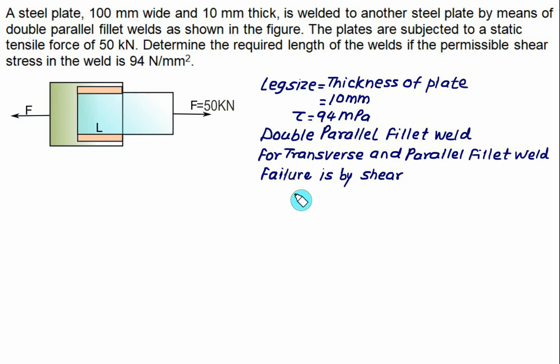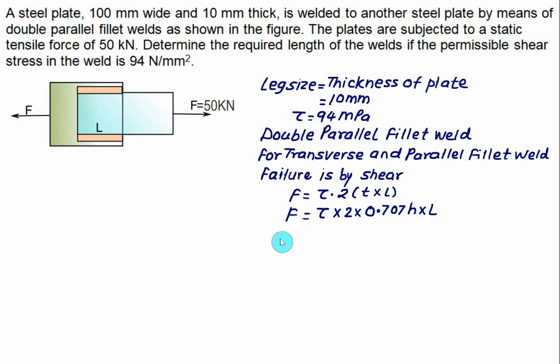So we have force F is equal to shear stress tau multiplied by 2 times the throat area, that is T multiplied by L, 2 for double parallel. So we have F is equal to tau multiplied by 2. Throat is replaced as 0.707 of leg size H multiplied by L.